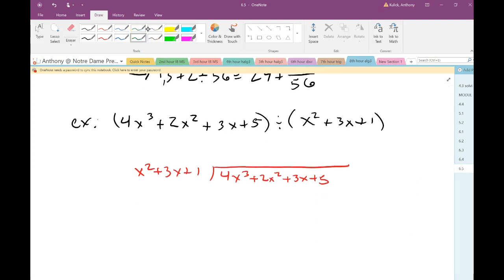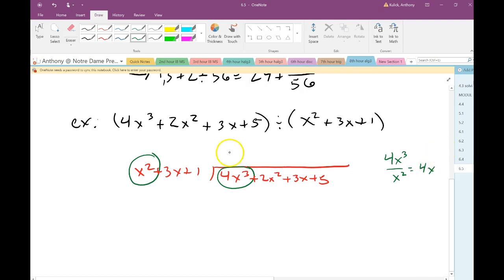But doing polynomial division, the only thing I really care about is my leading coefficients. So I'm going to ask myself, how many times does x squared go into 4x cubed? So to answer that question, I'm just going to write on the side what I'm doing in my head. I'm doing 4x cubed divided by x squared.